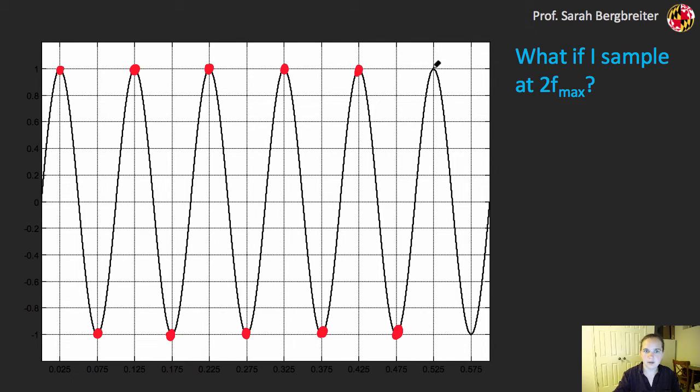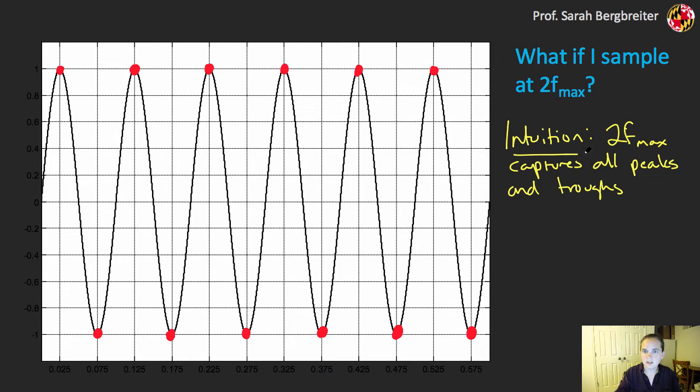And if I do a decent interpolation to reconstruct my original signal, I'll actually be able to reconstruct this sinusoid here. So the intuition is that sampling at 2 times that maximum frequency is going to capture all of those peaks and troughs. Right? And ideally, you're going to want to sample much higher than that even, and we'll talk a little bit about that later.